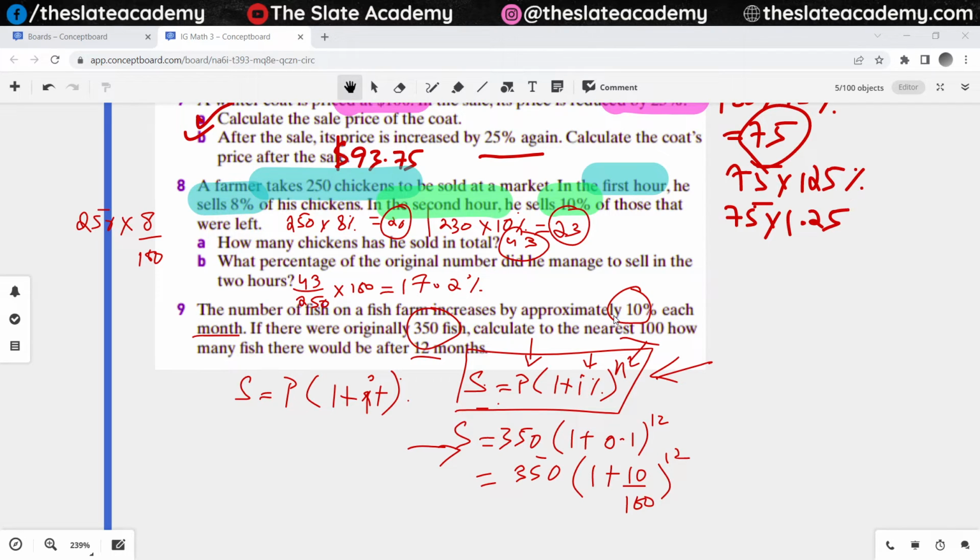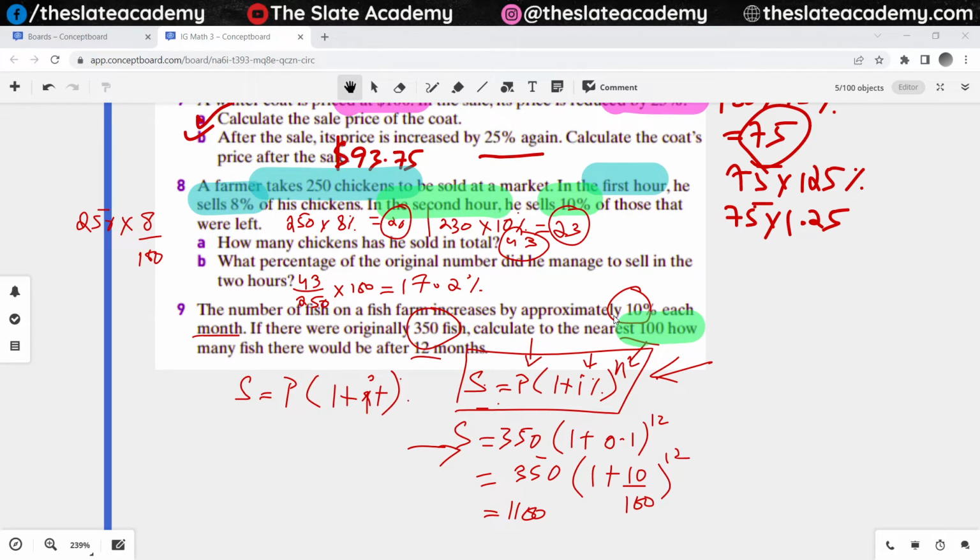So 1098, Arman, since you're getting that answer, we have to round off the answer to nearest 100. So the answer would be 1100. So Arman has understood. Miss Anam, do you understand this?